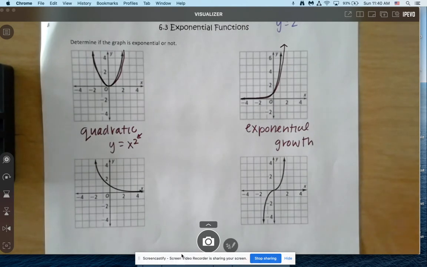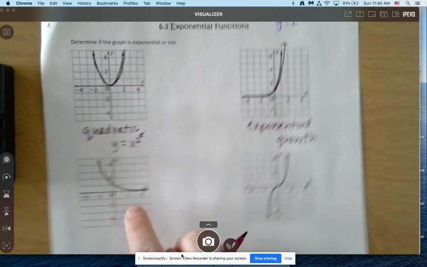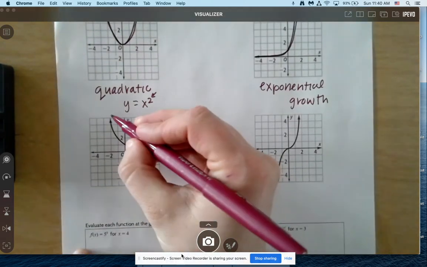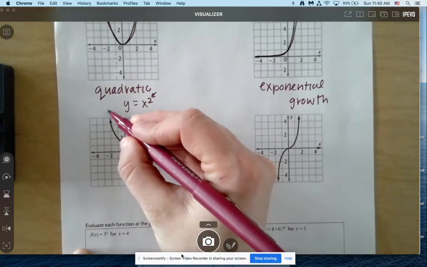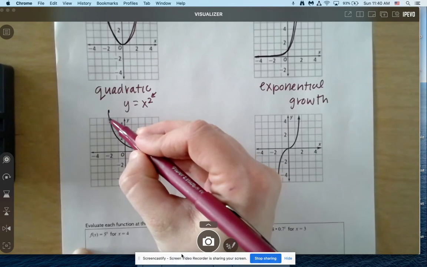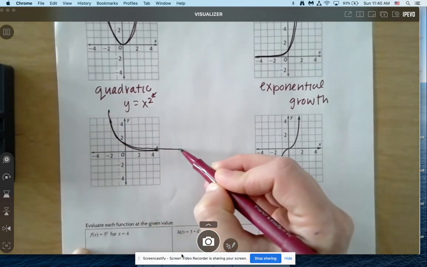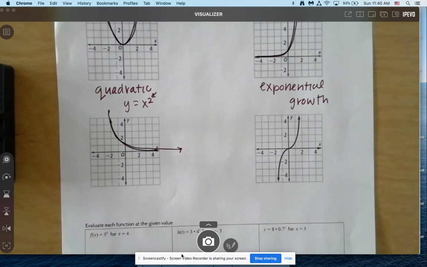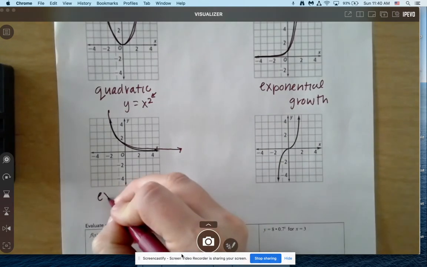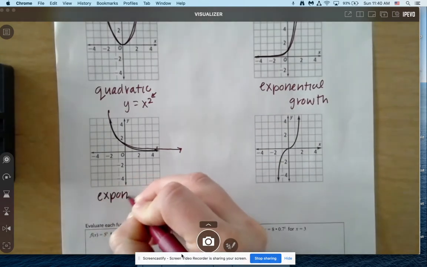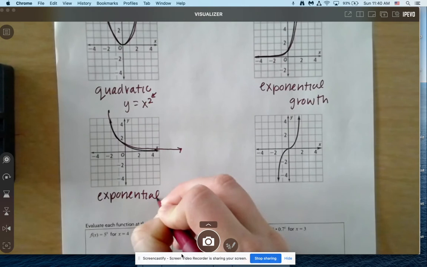Now this bottom left one, we're starting at a pretty large number, but then we're decreasing very rapidly, and eventually we'll flat line down here. That would be exponential decay. We're getting smaller.